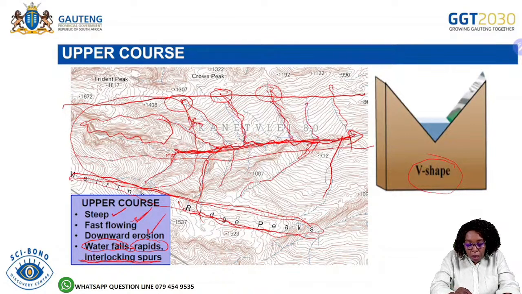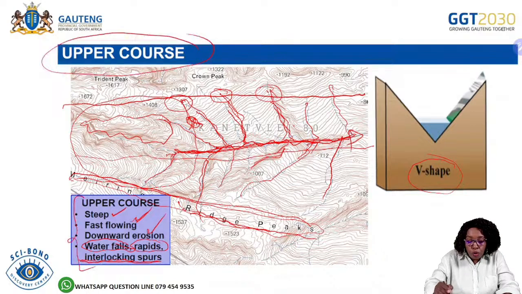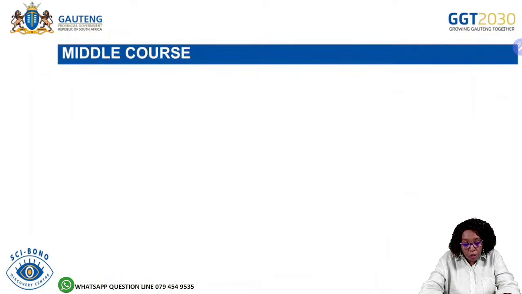Okay, so we have an interfluve, which would be the land that we find in between, and we can also find a set of interlocking spurs that we can identify from the landscape shown by this set of contour lines. So that's what characterizes the upper course. All these are important to note when you interact with your map work as well.